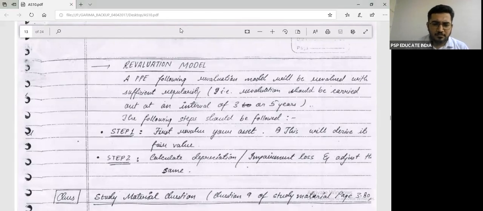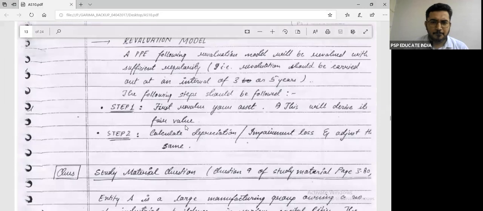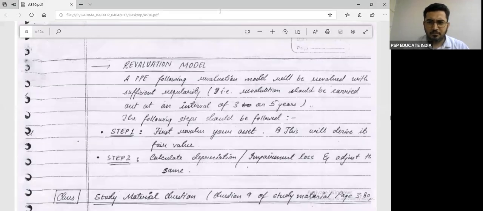So first you will always revalue. At the second step, you will then calculate the depreciation or the impairment loss. Right. So first we will revalue and then we will calculate the depreciation.